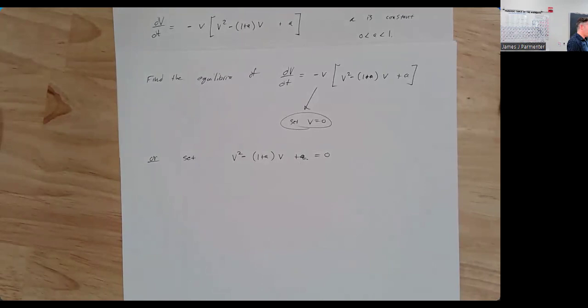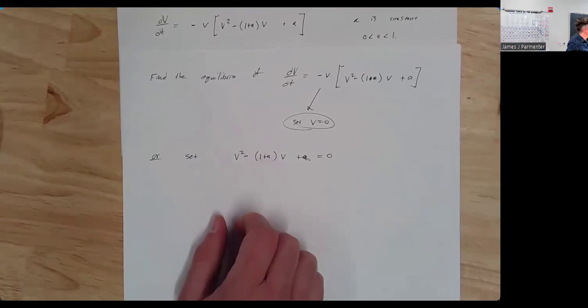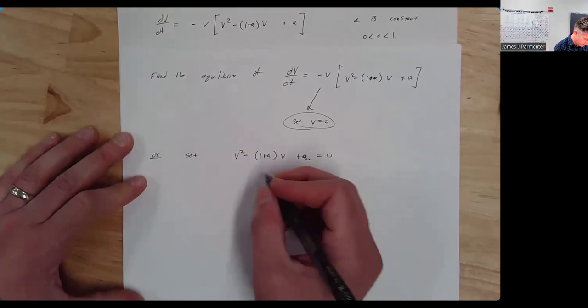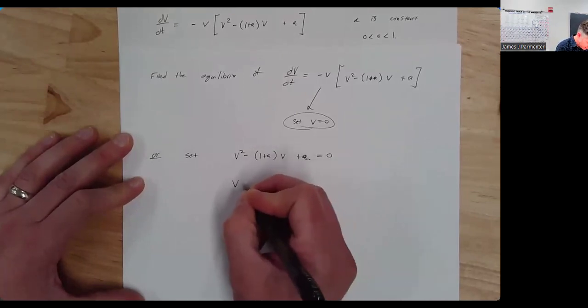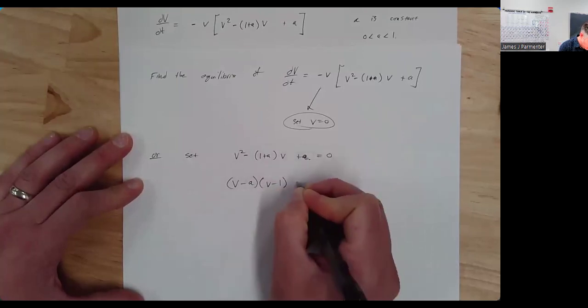And what do negative A and negative 1 add up to? Negative 1 minus A. So really, you can get away with factoring this. It's a little dicey, but you could totally factor this as (V minus A) times (V minus 1).